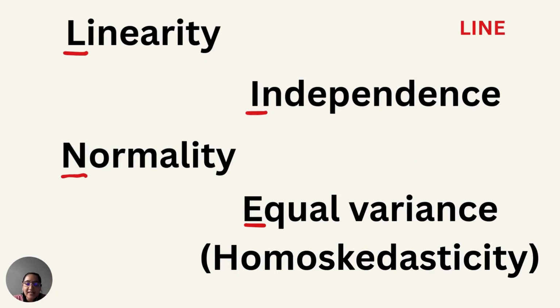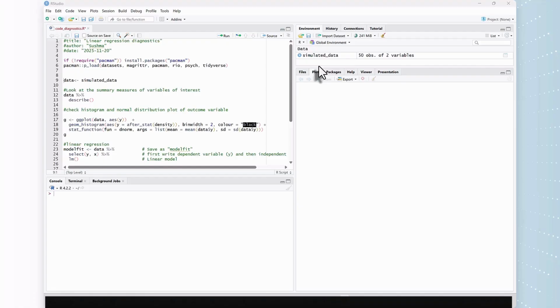So in the next section, let's look at the diagnostic plots from a linear regression model in R to check what the diagnostic plot will tell us about these assumptions. So in my R window here, you can see that I have loaded a simulated data as data here.